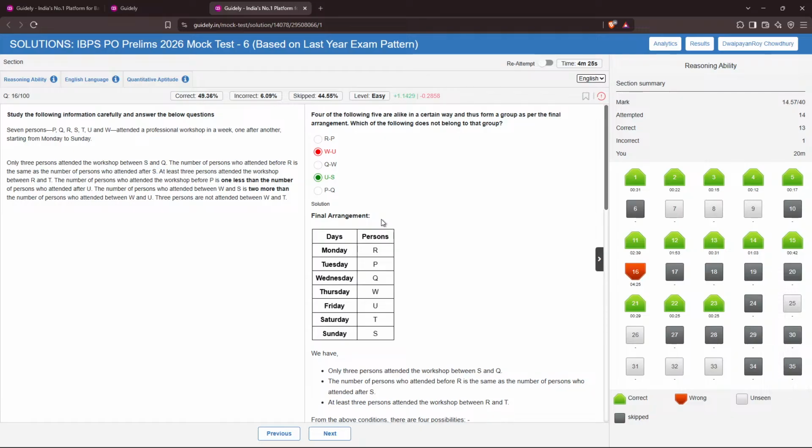UTS was fine, but only P and W needed to be interchanged. Above P is one less.